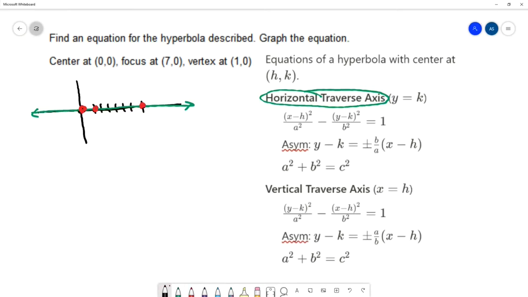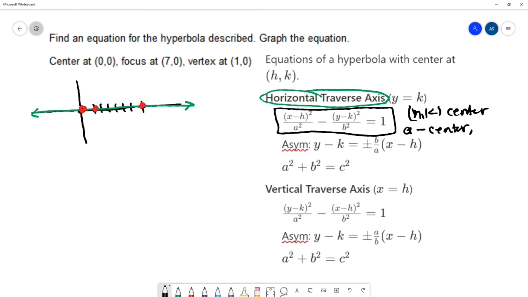So I know that the basic equation that I'm going to use is this one here. In order to fill that equation, I need to know the h and k. h comma k is the center of the hyperbola. I also need to know a and b. a is the distance between the center and the vertex.